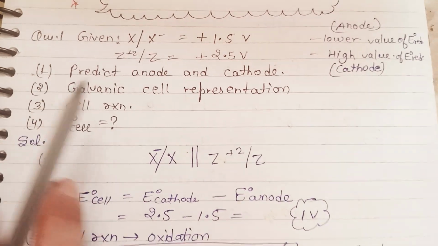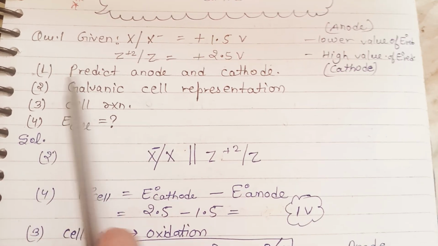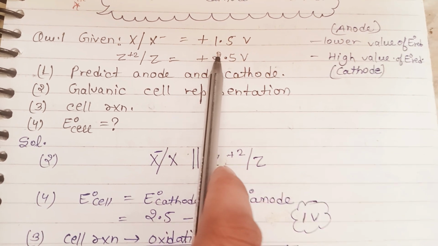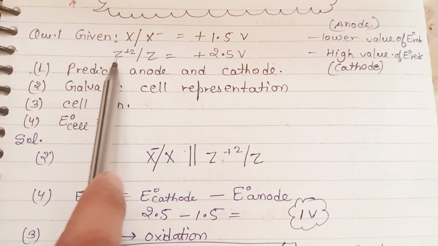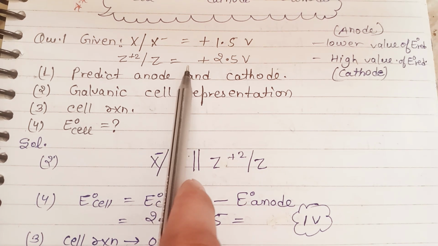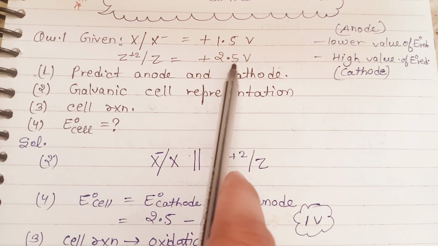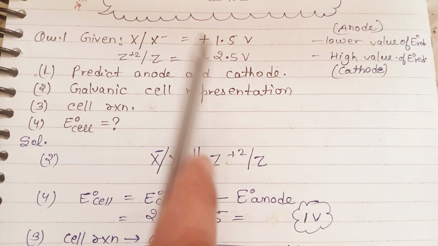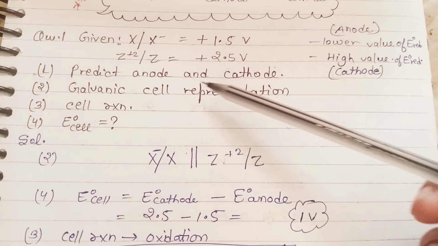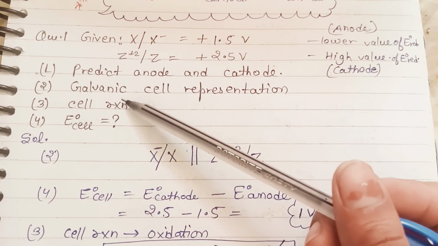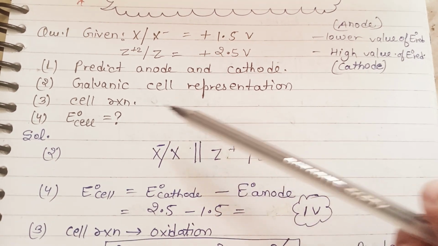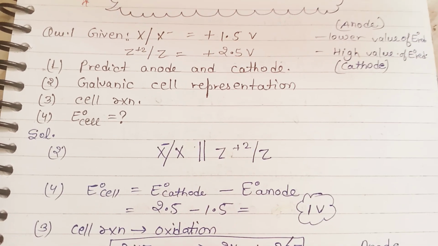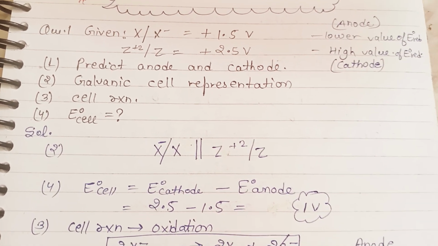We have given this example: X oblique X minus is equal to plus 1.5 volt, and Z plus oblique Z is equal to plus 2.5 volt. Predict anode and cathode. Firstly we have to find anode and cathode, secondly the galvanic cell representation, third is the cell reaction, and fourth is E naught of cell, that is EMF of cell.